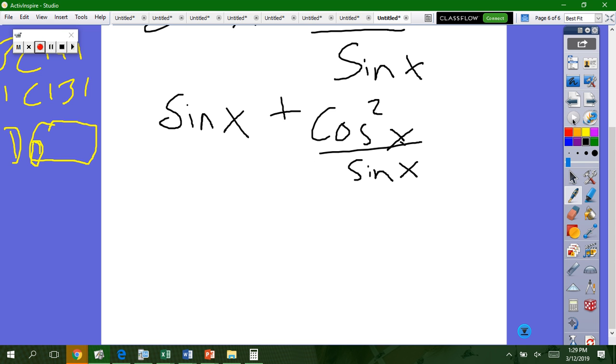So I'm going to times by sine top and bottom, because I times by 1. Now, because I have a common denominator, I can add the top.